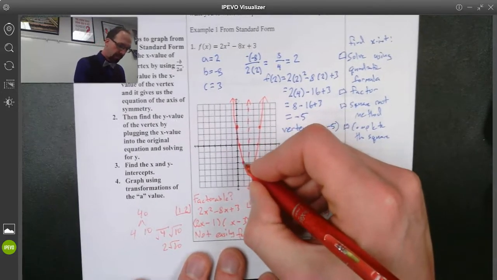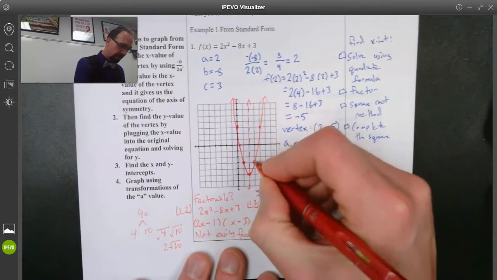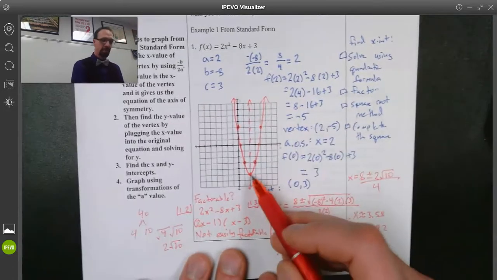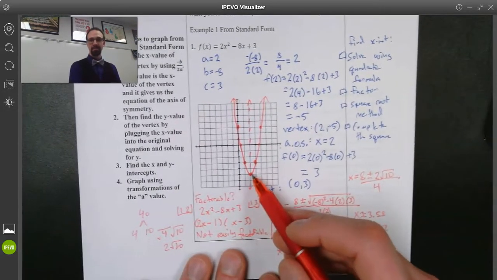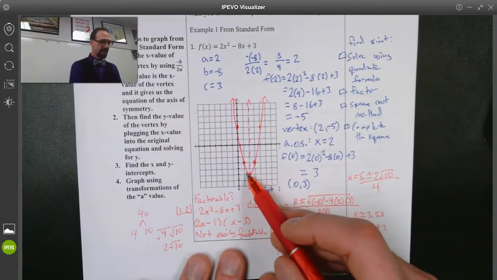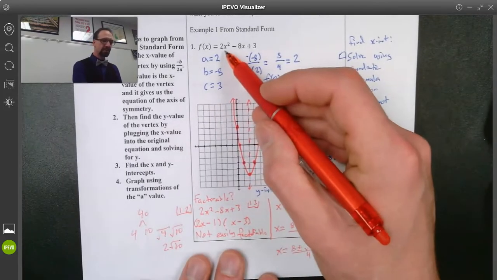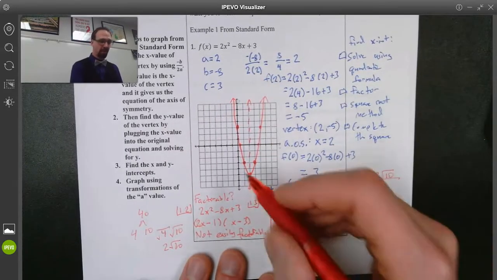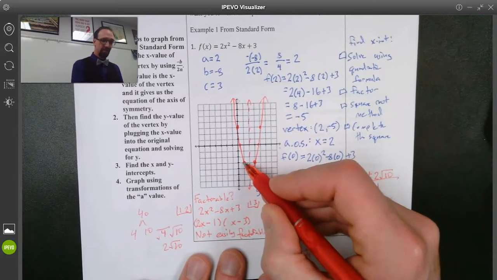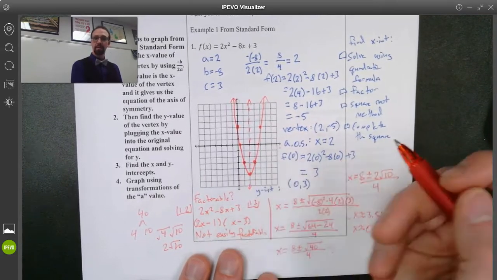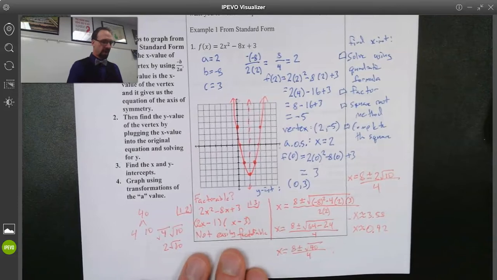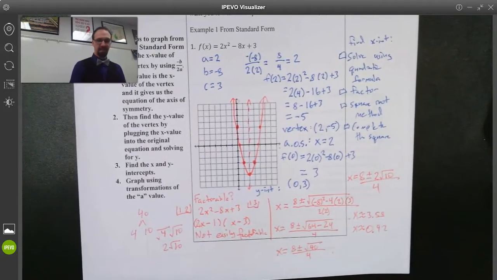I purposely put a point here and here because from this value, which is 1 away from your vertex, it is exactly 2 units away from that point. So this is that stretch by a factor of 2. Normally it would just be 1, but because it's a 2, it goes to that point. So that's your graph using the transformations of the A value.